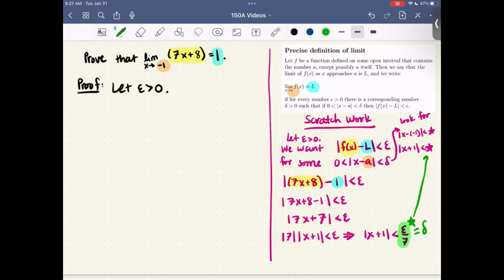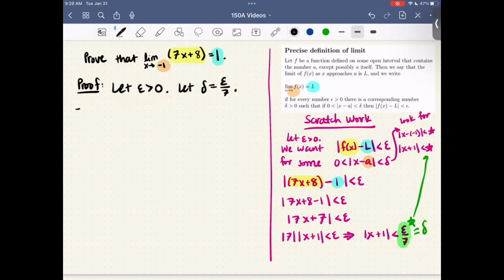Your scratch work is sort of backwards from how you would actually write your proof. When you write your proof, you let epsilon be bigger than 0, and then you just say this is the delta that works. So you say let delta equal epsilon over 7. That's the one that we found from our scratch work.